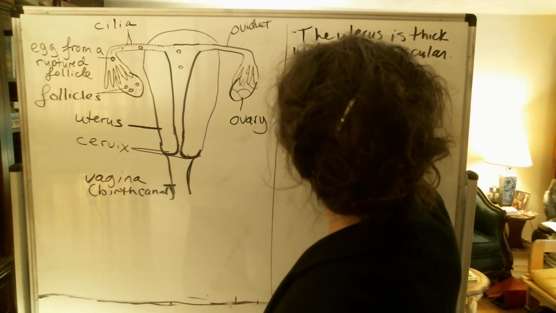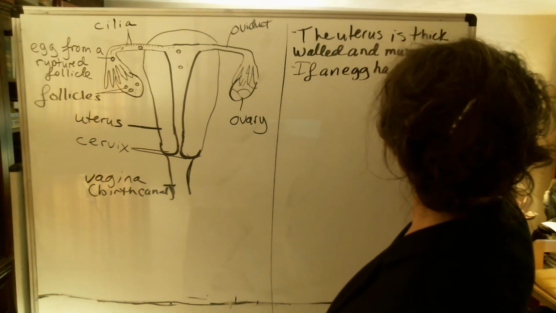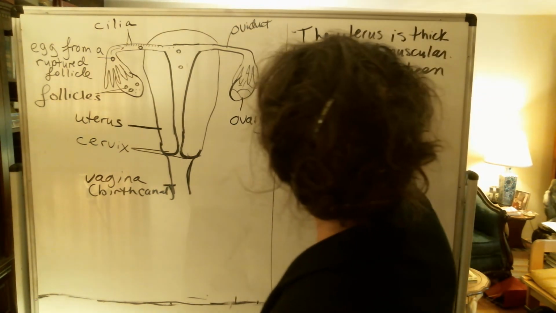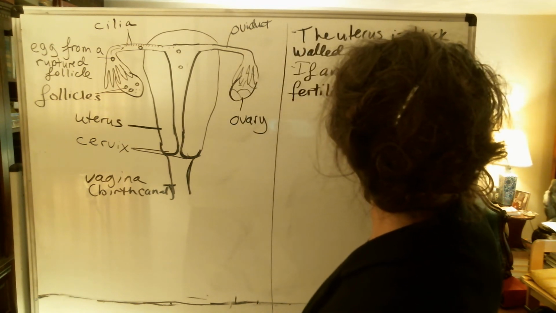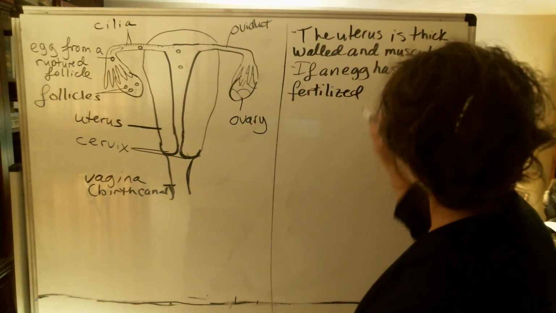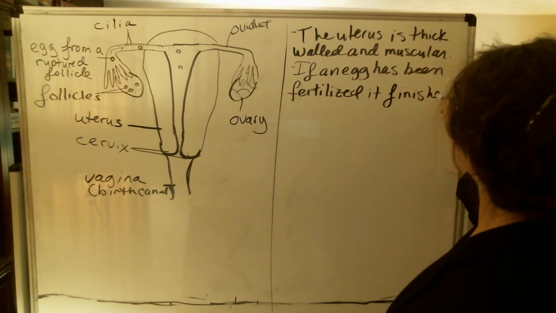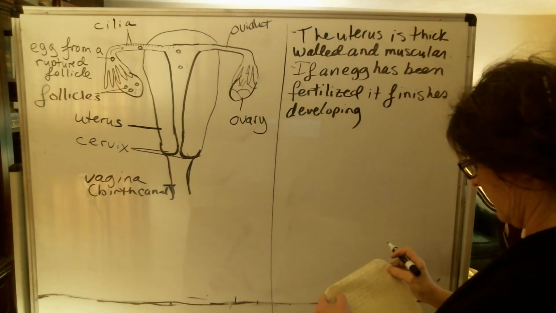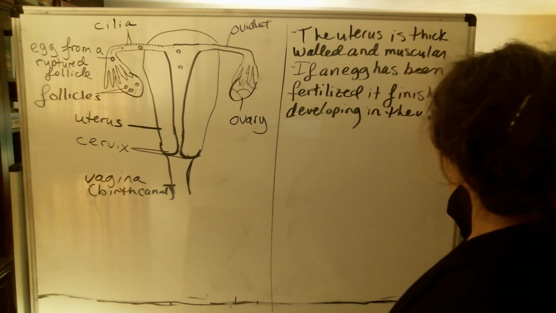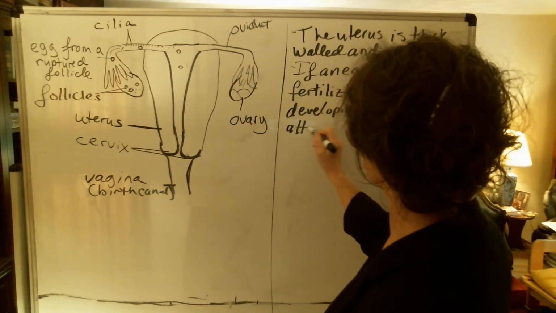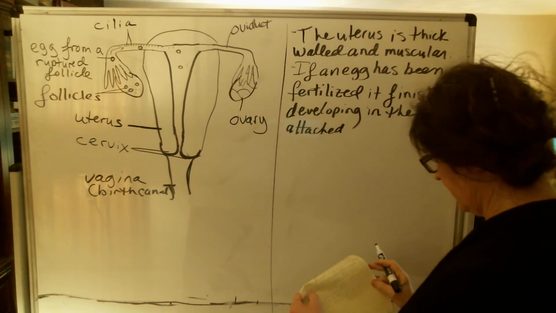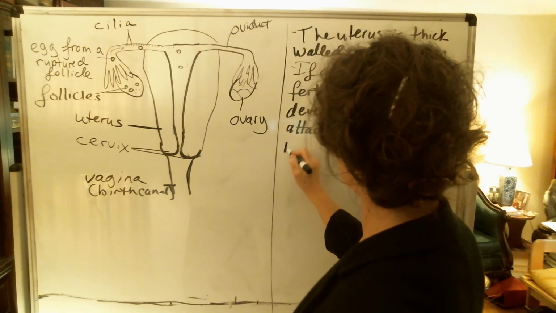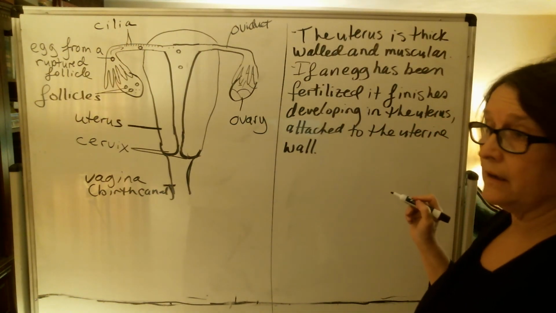And if an egg has been fertilized, it finishes developing in the uterus attached to the uterine wall. So this is actually a big and important step.